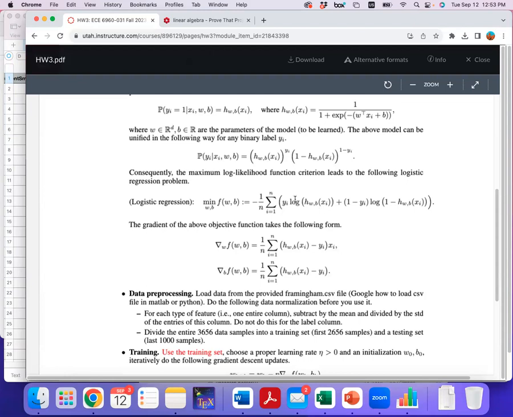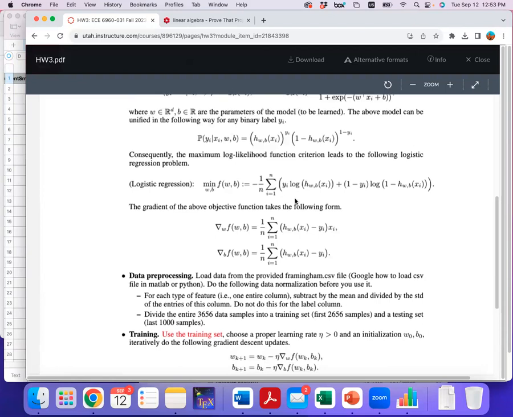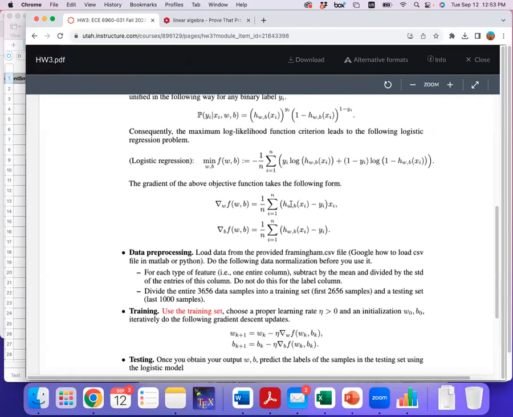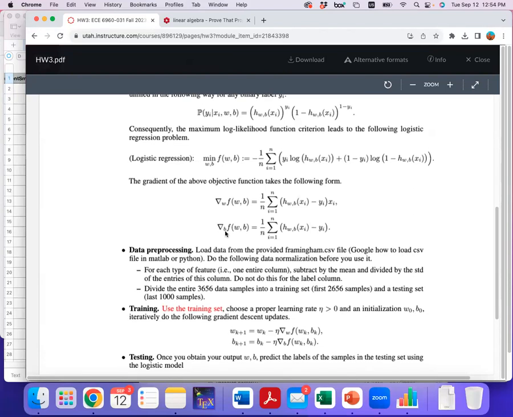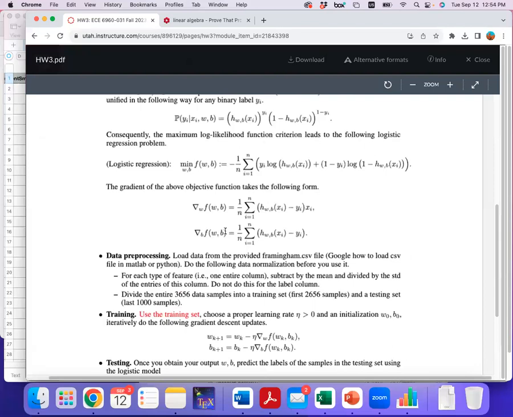And we will just apply gradient descent to solve this problem. And here I already give you the gradient formula, so gradient of f with regard to omega and the gradient of f with regard to b. Okay, both are given. So you follow this gradient update rule and do gradient descent.